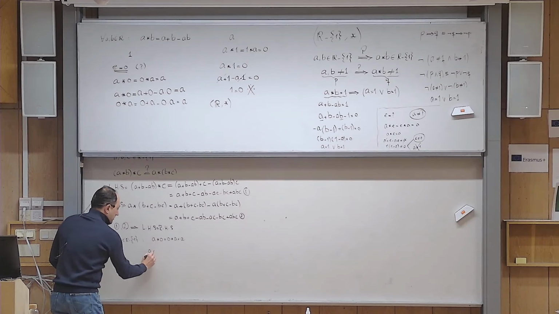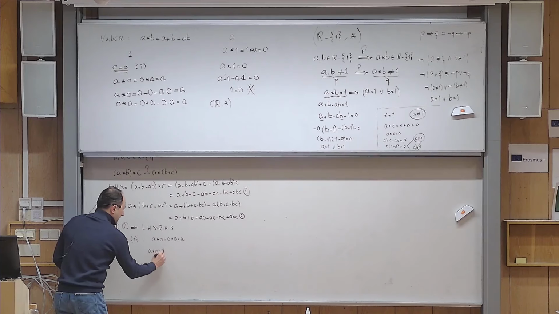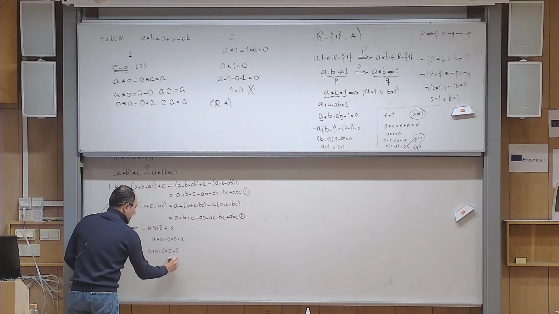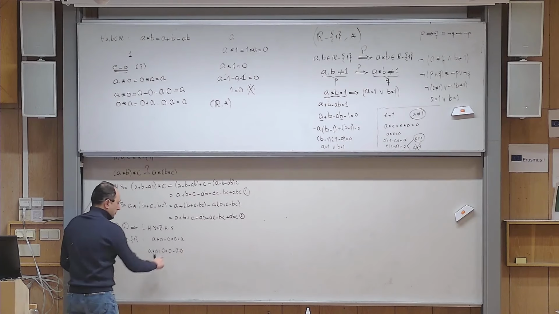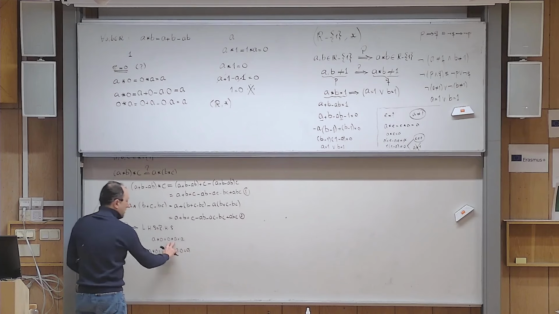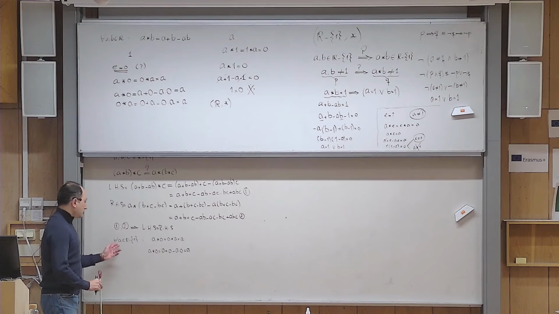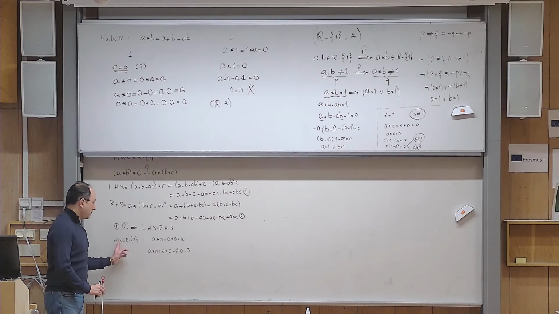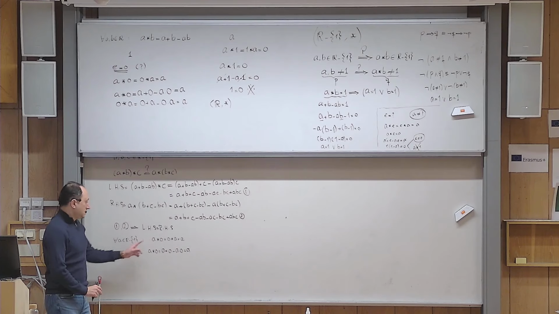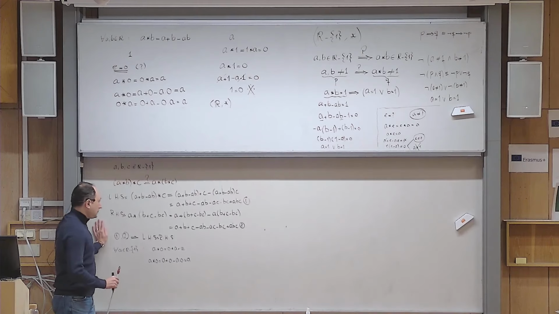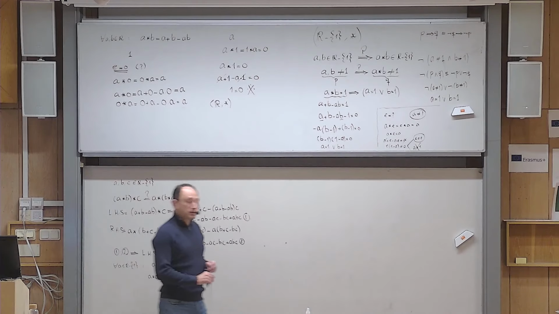A star 0 is equal to A, the first number, plus the second number, minus the product of the first number and the second number. But that is just simply A. And you can immediately realize the second one is also true. So we were able to show that no matter what A I choose from this set, 0 is the identity element.